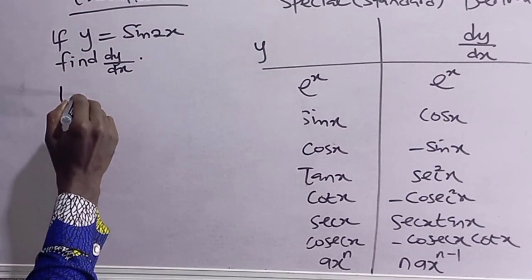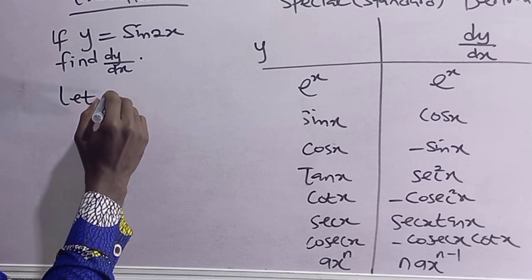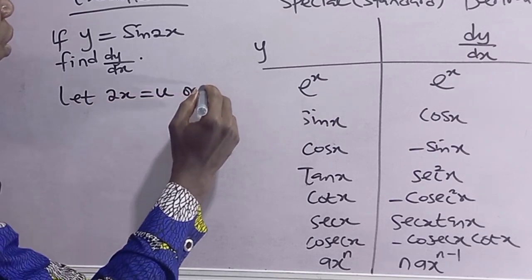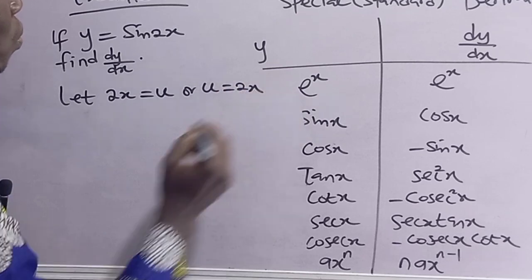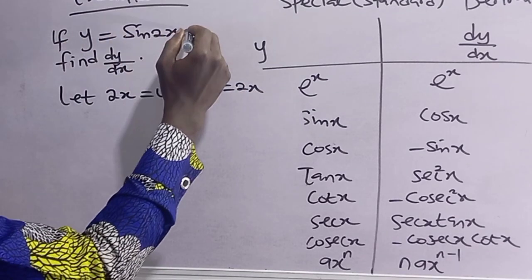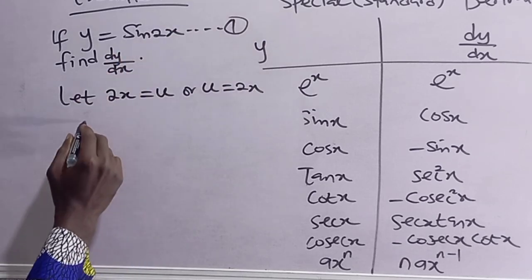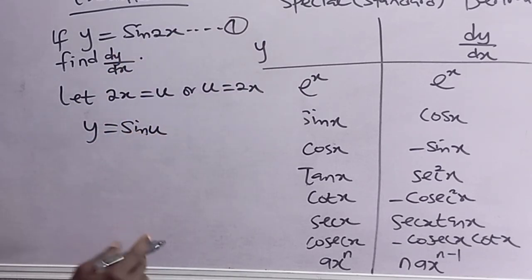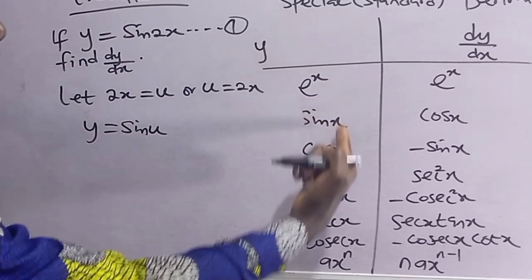So we can now say let 2x is equal to u, or u is equal to 2x. So this equation 1 now becomes y is equal to sine u. So we can now apply this.